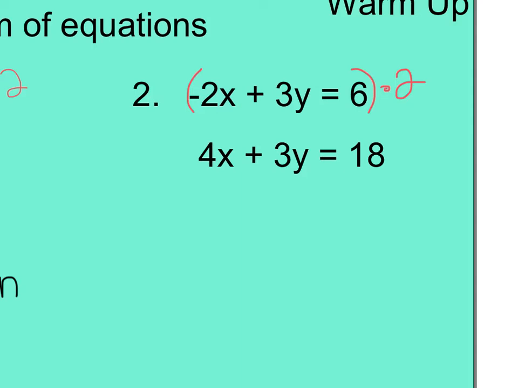So when I multiply this top equation by +2, sorry, -2 times 2 is -4x. Then 3y times 2, well, that's 6y. And then 6 times 2, that's 12.